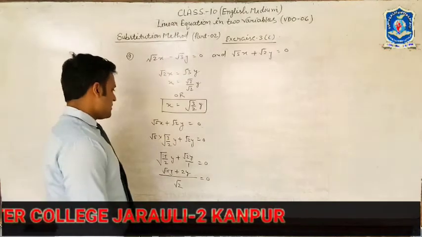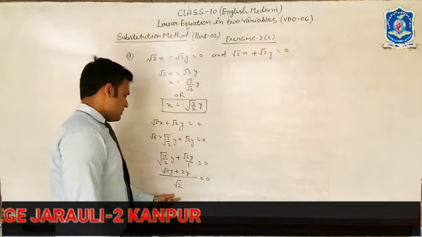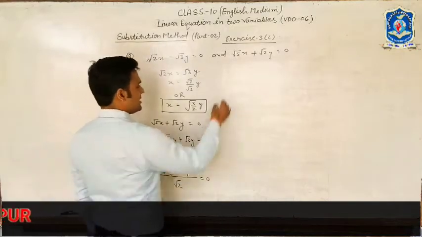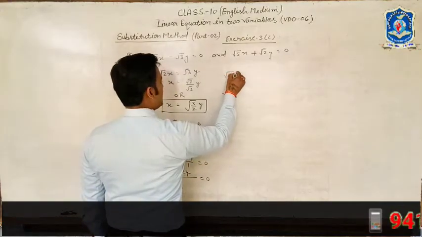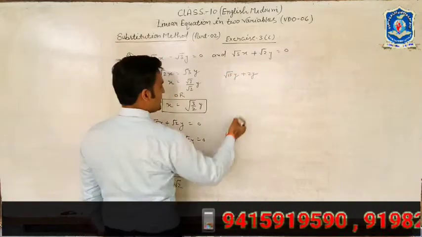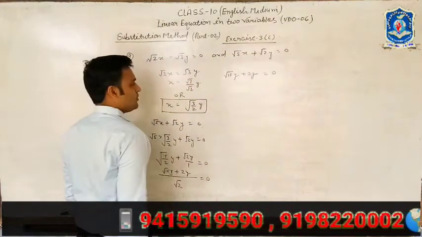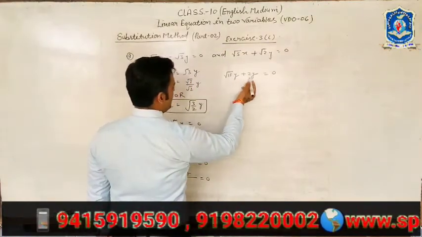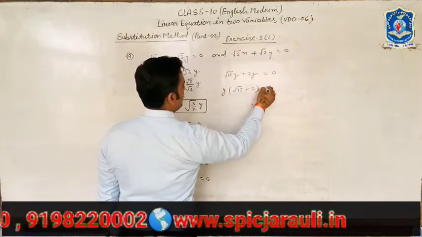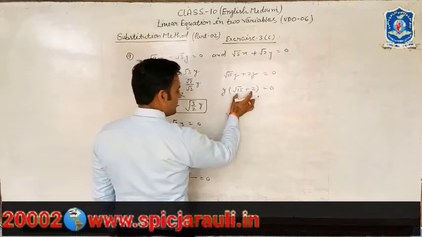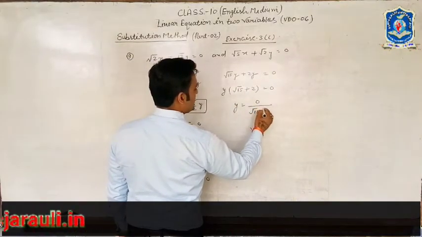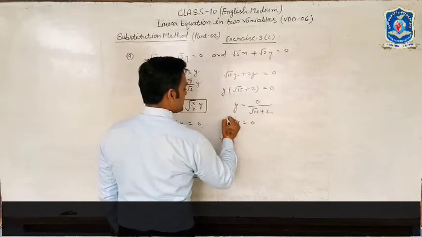Now here, cross multiplying, the result is root 15y plus 2y, multiplying by 0 gives 0. Y is common, so y into root 15 plus 2 is equals to 0. Y is equals to 0 upon root 15 plus 2. Then y is equals to 0.